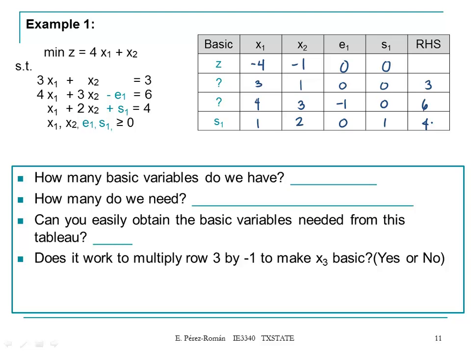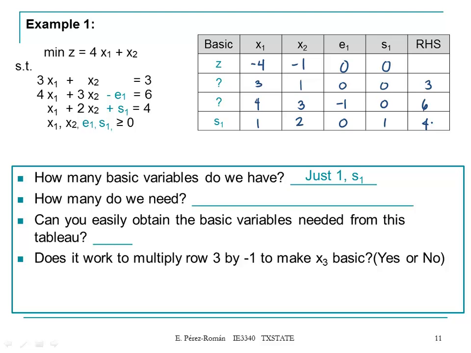No. You can identify the basic variables by looking at the columns, but it has to be a positive one. So right now, you only have one basic variable, and that basic variable is S1.